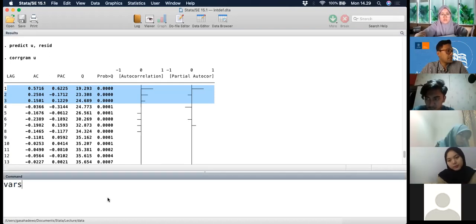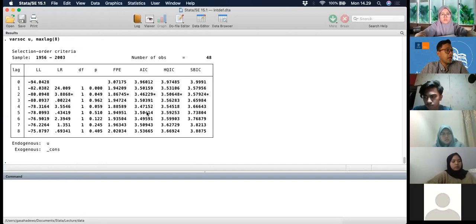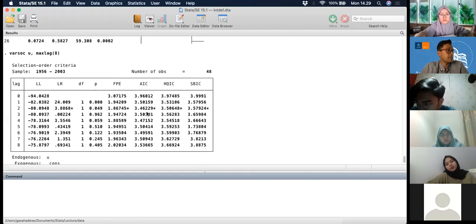Basically, you want to understand the optimal length for this data set. So I'm going to use it for the residual U, and for this analysis you want to have it up to lag 8.